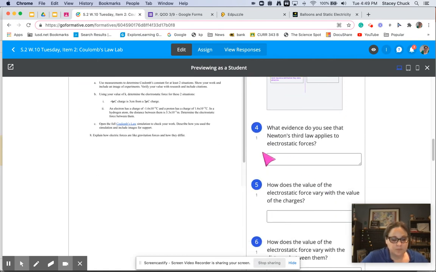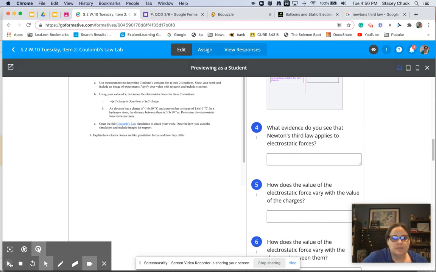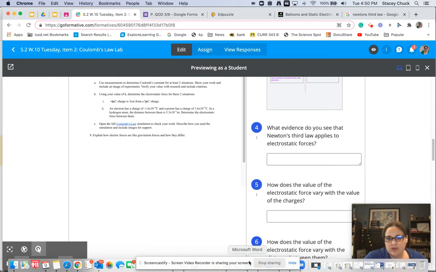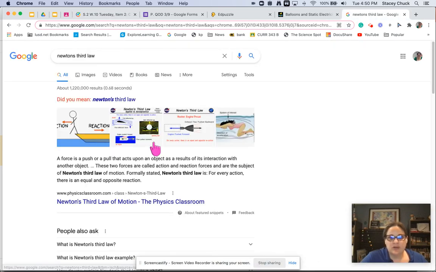Number 4, what evidence do you see that Newton's third law applies to electrostatic forces? Just to remind you what Newton's third law is, I just did a quick little Google here. A force is a push or pull that acts on an object and results in its interaction with another object. These two forces are called action-reaction forces and are the subject of Newton's third law of motion.